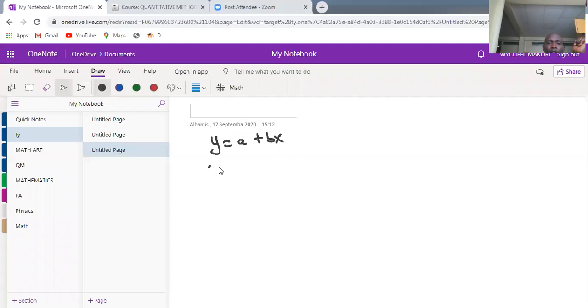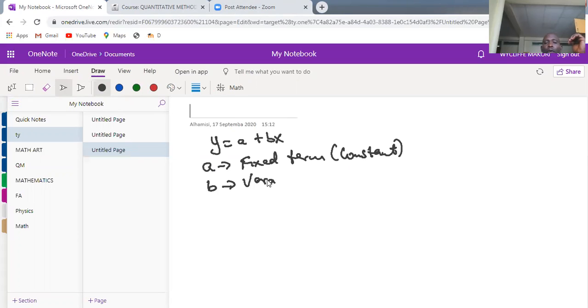A is the fixed term, also known as the constant. And then b is the variable term, which changes as a result of a change in x.